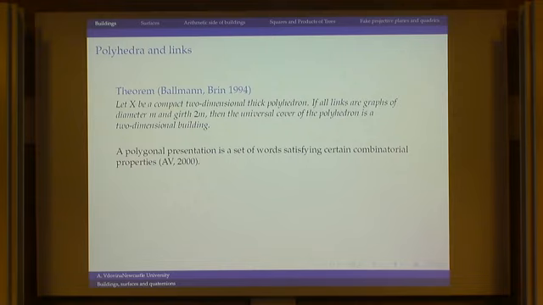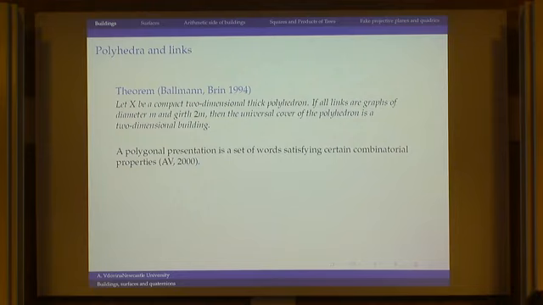Their terminology is maybe more complicated and they consider more general cases, but for 2-dimensional buildings it's a nice formulation. If we have a 2-dimensional polyhedron, and all the links are graphs of diameter m and girth 2m, then the universal cover of this polyhedron is a 2-dimensional building.